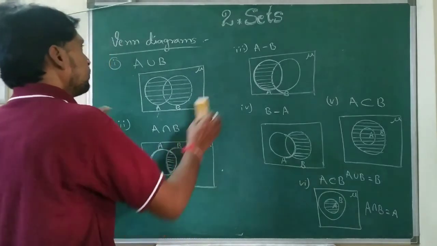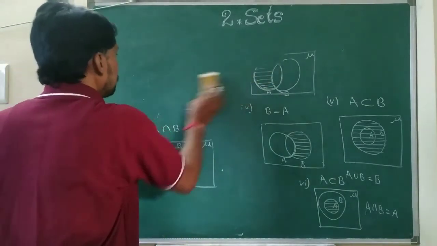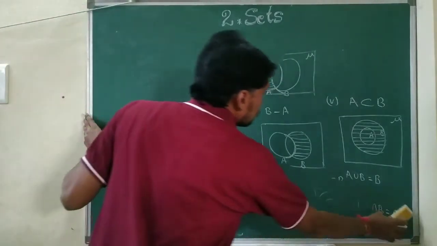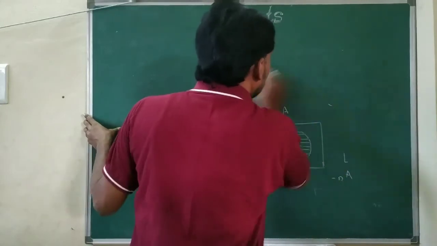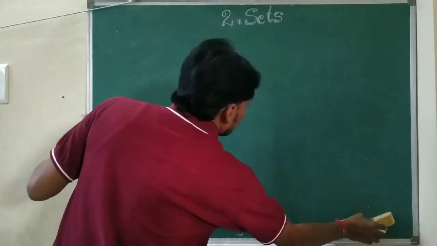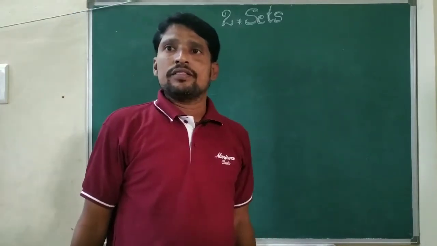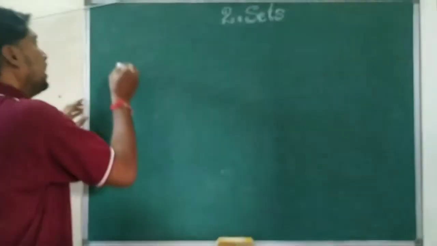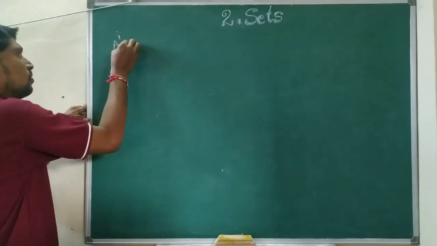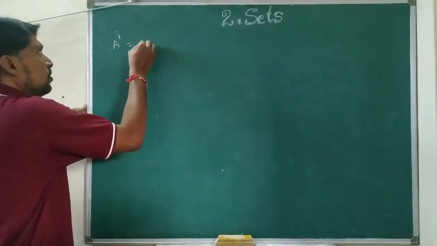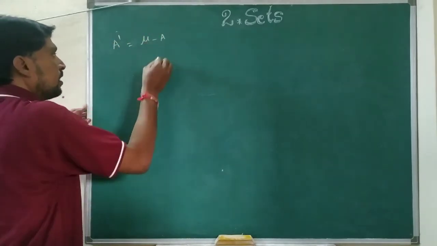Next one is A dash, the A complement. What is A complement? Mu minus A is the A complement.